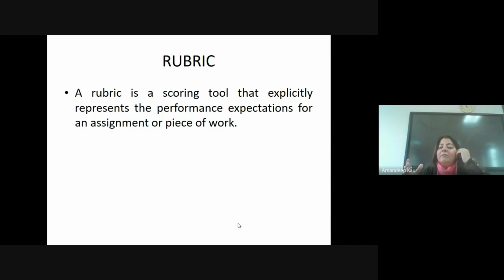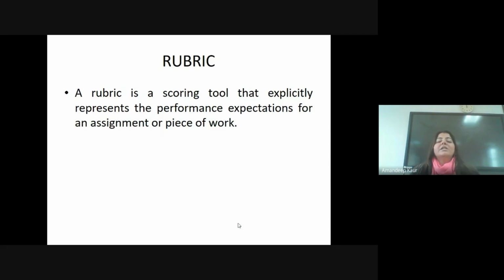Another example may be when I am giving a written assignment to my student. My expectations are that students are going to collect information not only from the textbook resources but also from different web references. My student will submit that assignment copy to me on time. When the student is submitting the assignment, the student is following the criteria in terms of writing that is laid down by the department.